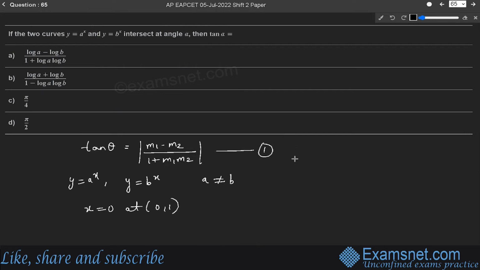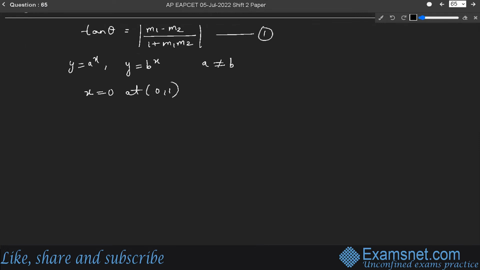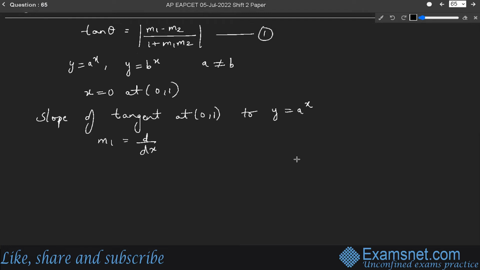So now the slope of the tangent at (0, 1) to the curve y is equal to a power x will be m1, and this will be equal to d by dx of a power x at the point (0, 1). So it will be equal to log a into a power x at (0, 1), which will be equal to log of a.